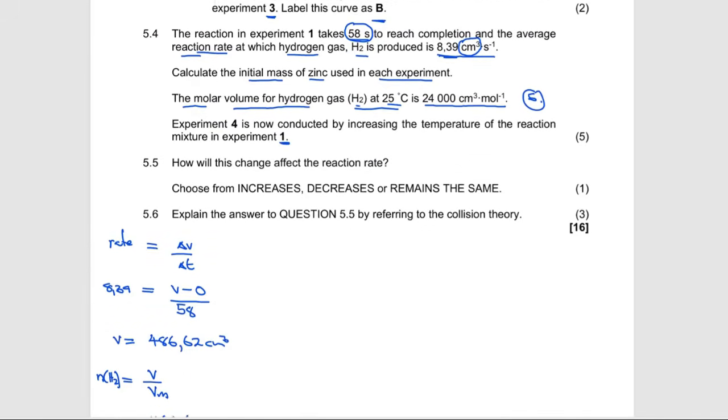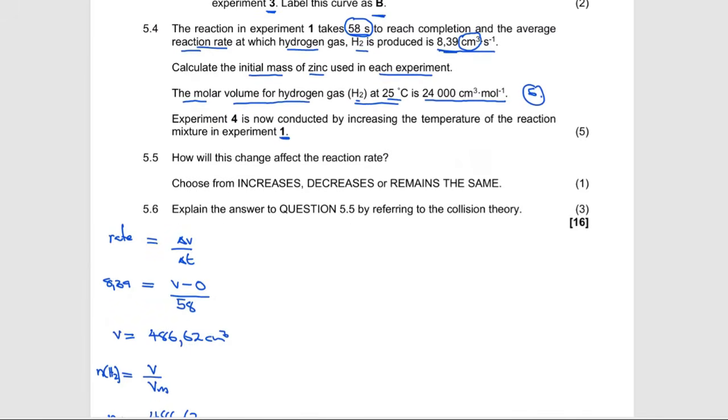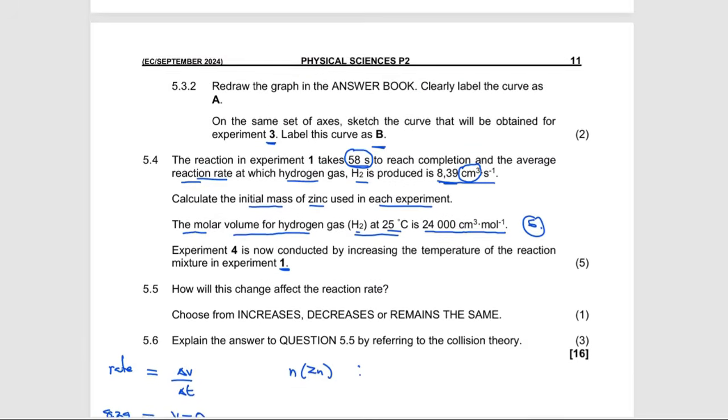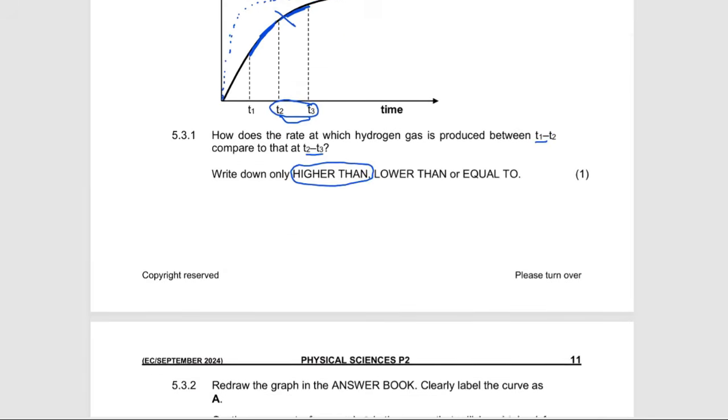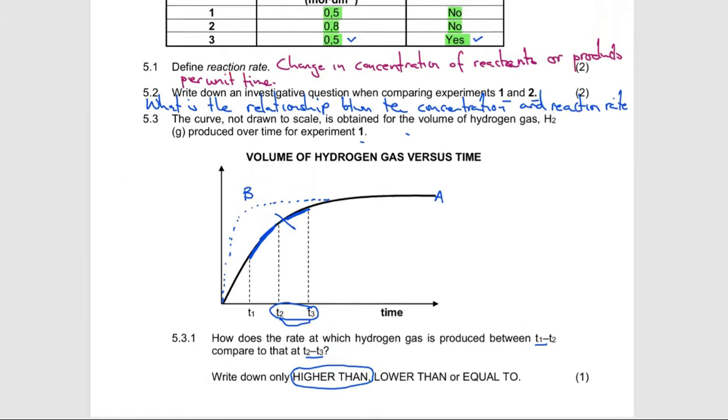In terms of the balanced equation, I can say the number of moles between this zinc and this hydrogen. So I'm going to say n of Zn is to the number of moles of what?